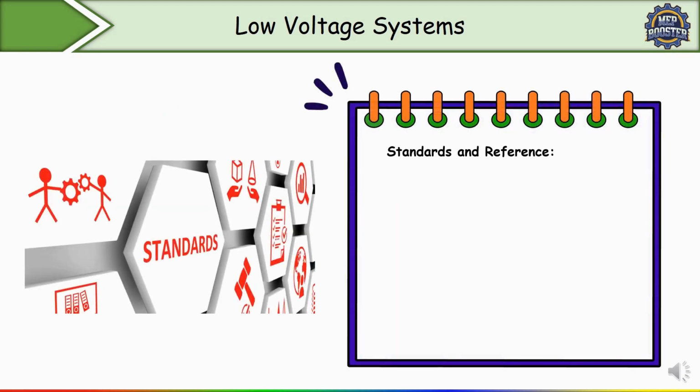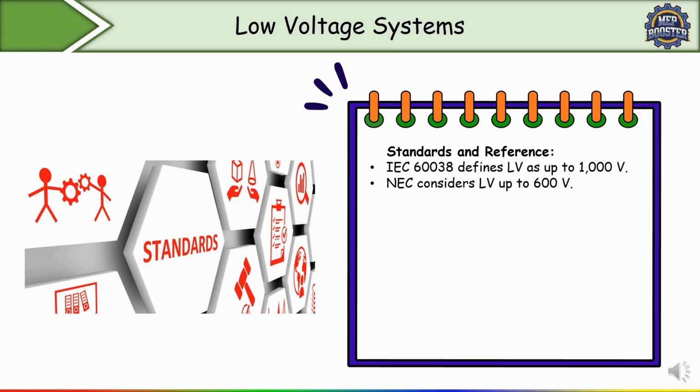Now here you can see the standard and reference given for low voltage system. IEC, as I told you, International Electrotechnical Commission, 60038 defined low voltage as up to 1000 volt, and NEC, National Electrical Code, considers low voltage up to 600 volt.